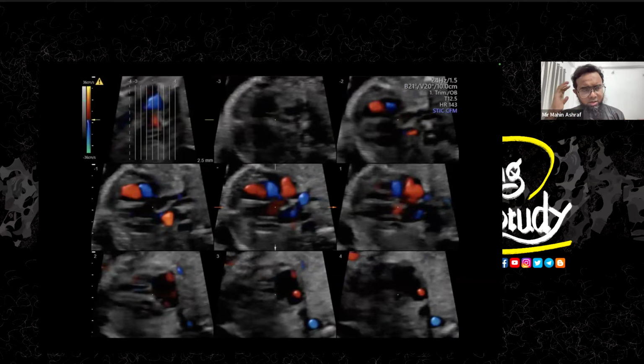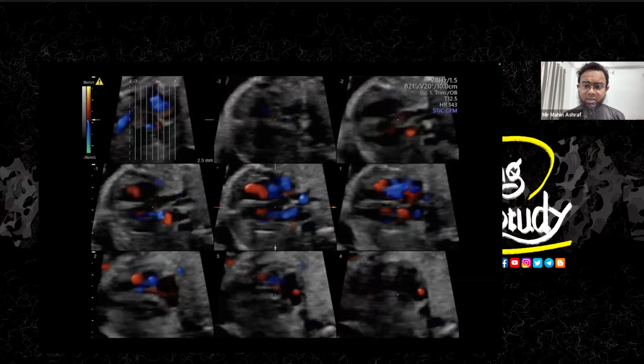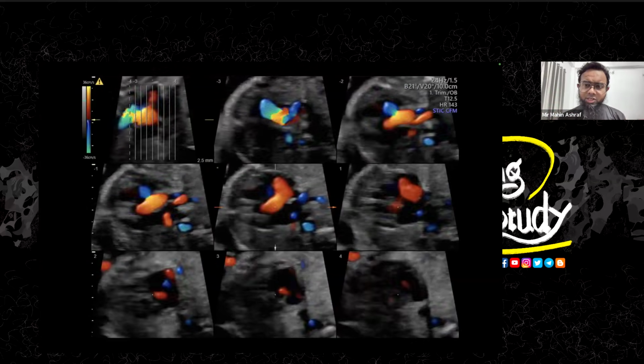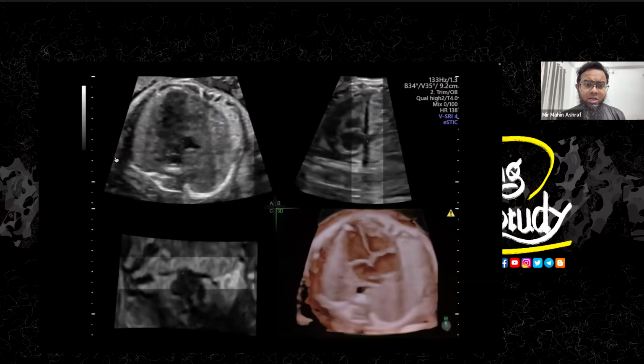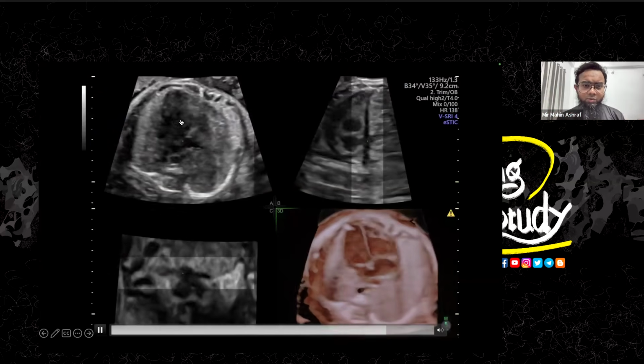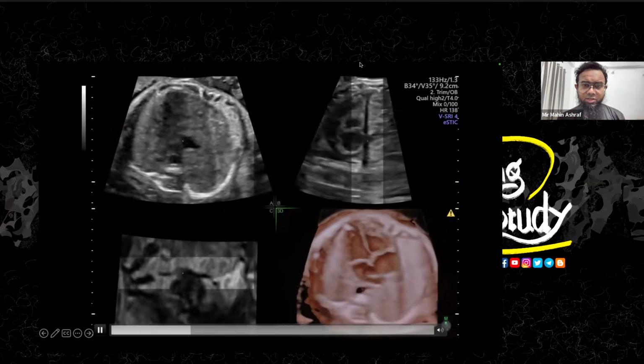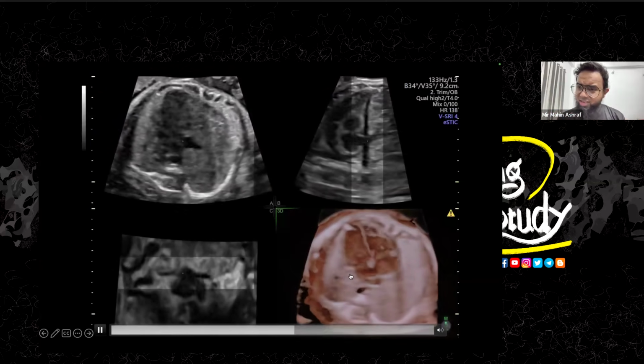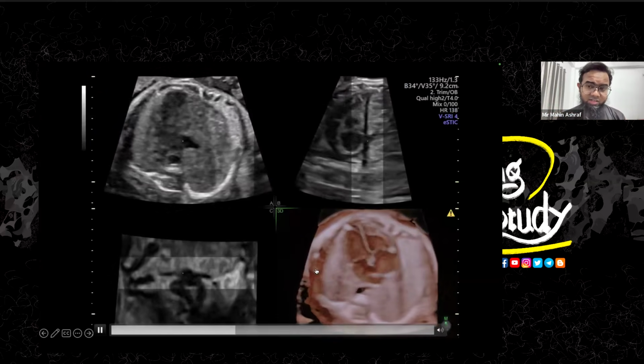We have the intracranial measurements, we have the cardiac measurements already implemented in our ultrasound machines, but soon it will be implemented in all other parts. So here you can see we have changed the image from grayscale to 3-dimensional, or you may say 4-dimensional, moving fetal heart.